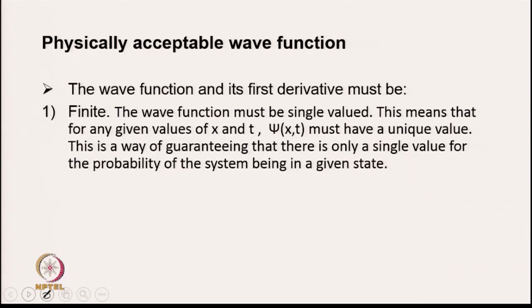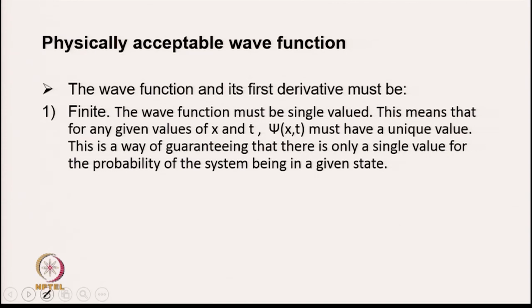So, there are certain rules for an acceptable wave function, and they are based on physical reasoning. The wave function and its first derivative must be finite, and the wave function must be single valued. What does that mean?